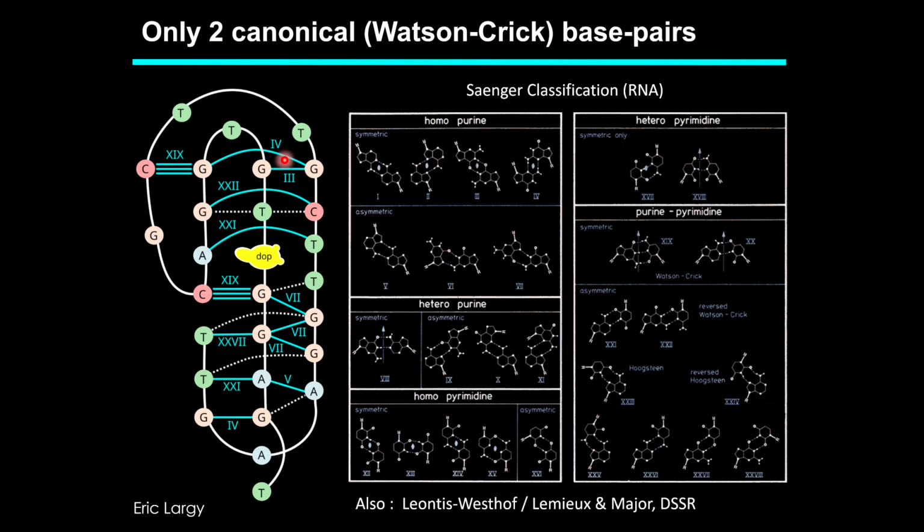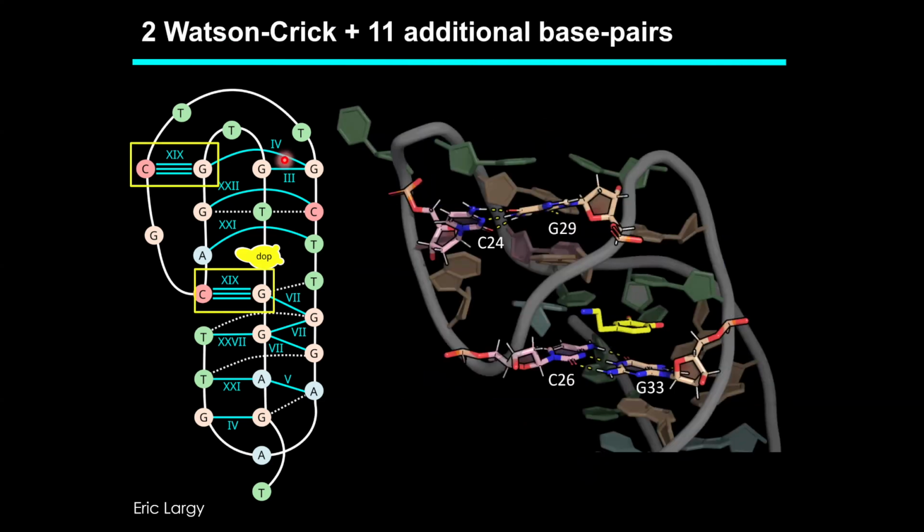This is probably the Sanger one, but there's other ways of categorizing them as well: the type of bases that come together, whether they are parallel or anti-parallel, which faces are interacting with each other. So for Watson-Crick, there's only 2. If you look at the structure here, there are only 2, and they're actually not beside each other. We have one Watson-Crick up here and one down there. So hopefully you see that's already a little bit different. We only have 2 Watson-Crick, they're not together. This is unusual.